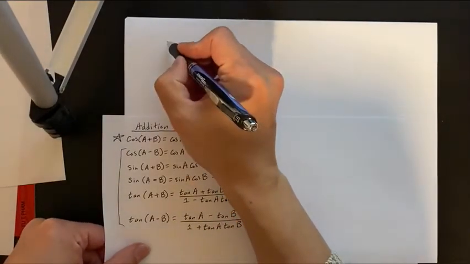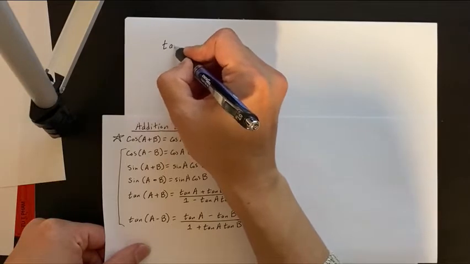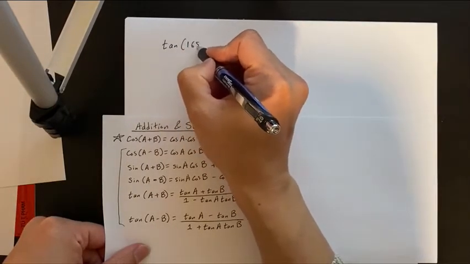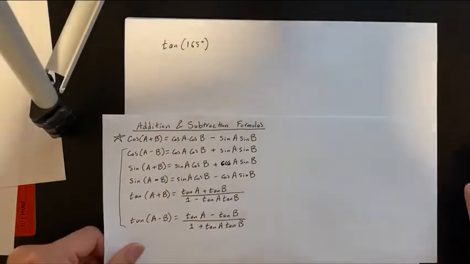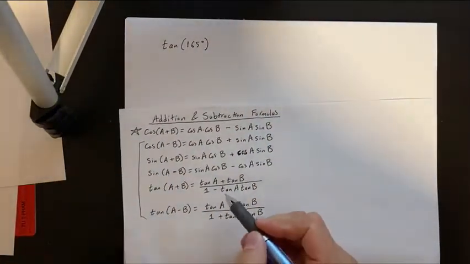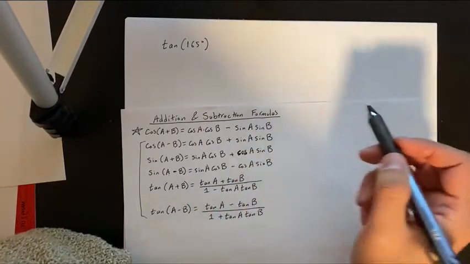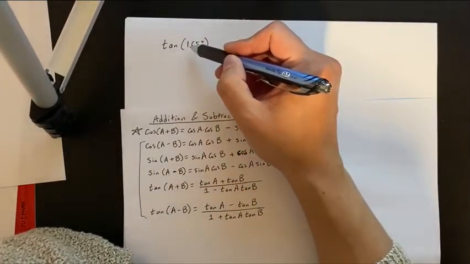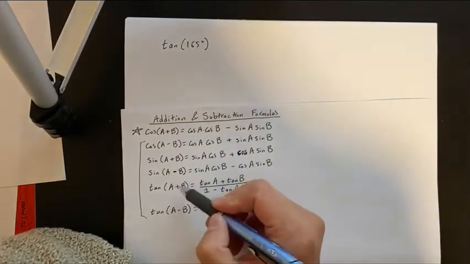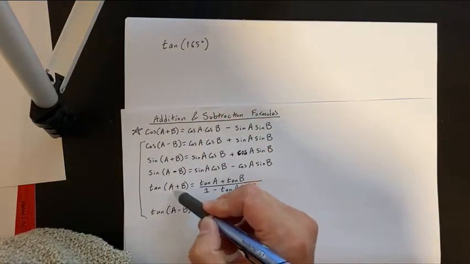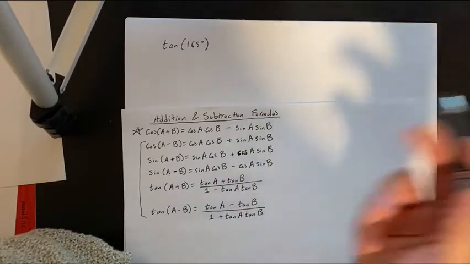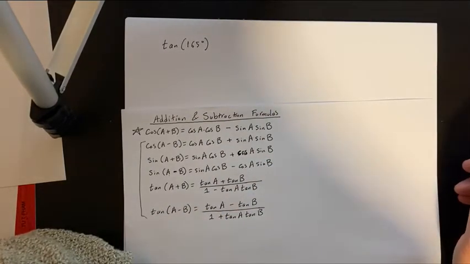So let's try, what is tangent of 165 degrees? So remember, we can use this formula if I can somehow break down 165 as either the sum of two nice angles that I can evaluate or the difference of two nice angles that I can evaluate.